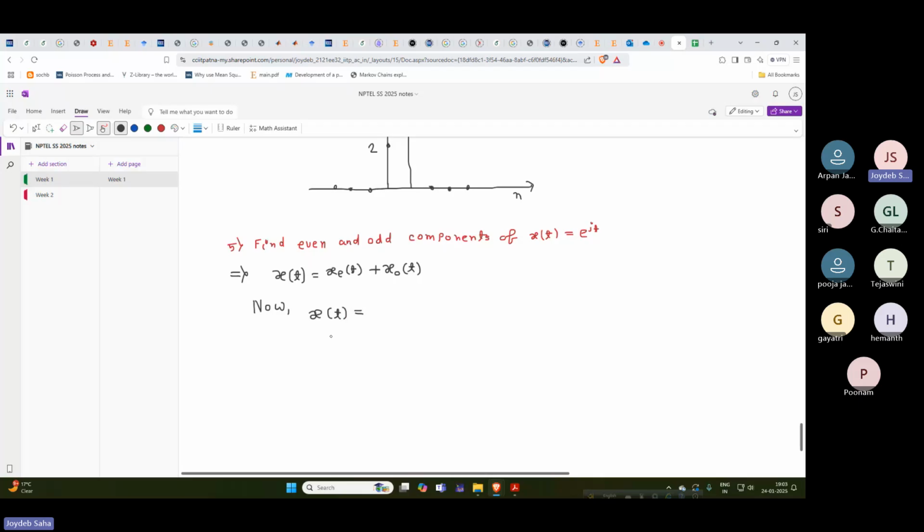Think 2-3 minutes about how we can break e to the power jt.